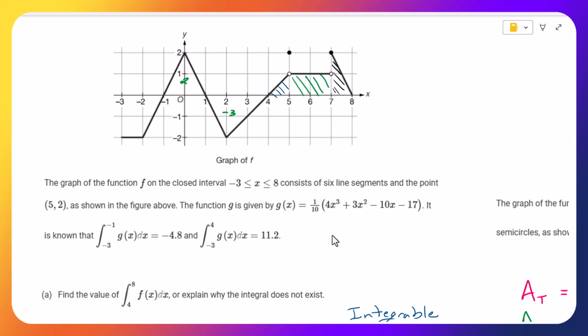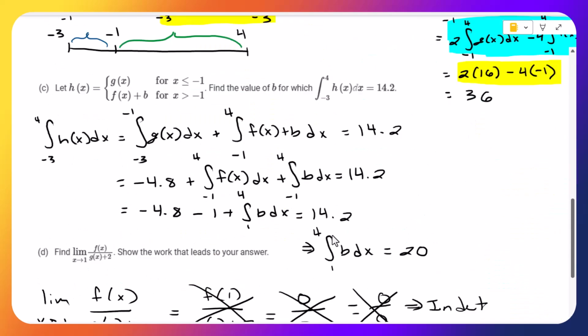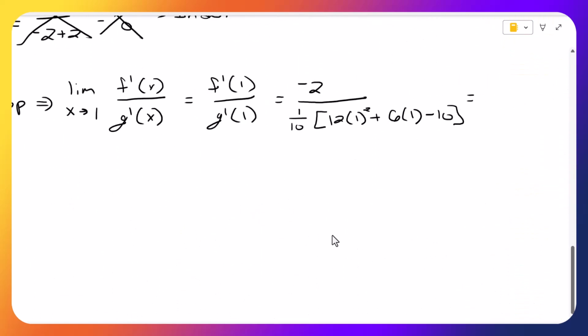Oops, no. I forgot to take the derivative. Plus 6 times 1 minus 10. There we go, this right here.